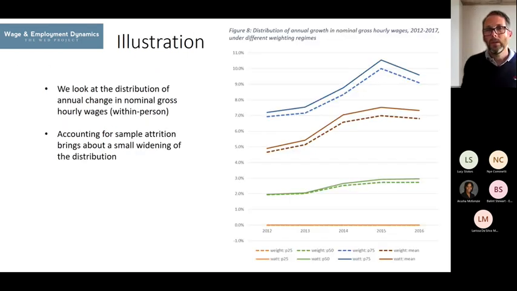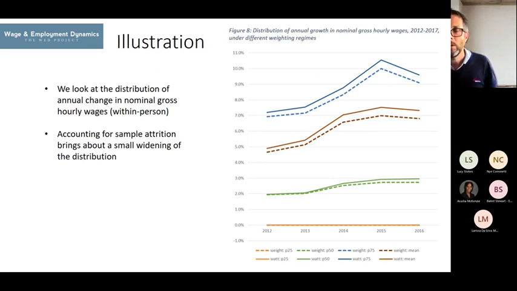What does it do then to some illustrative analysis? Well, what we show in the figure here is the distribution of annual growth in nominal gross hourly wages for a selection of years 2012 through to 2017, using the 2 different weighting regimes. So the dashed lines are using the original ASHE weight, and then the solid lines are using the new longitudinal weight.